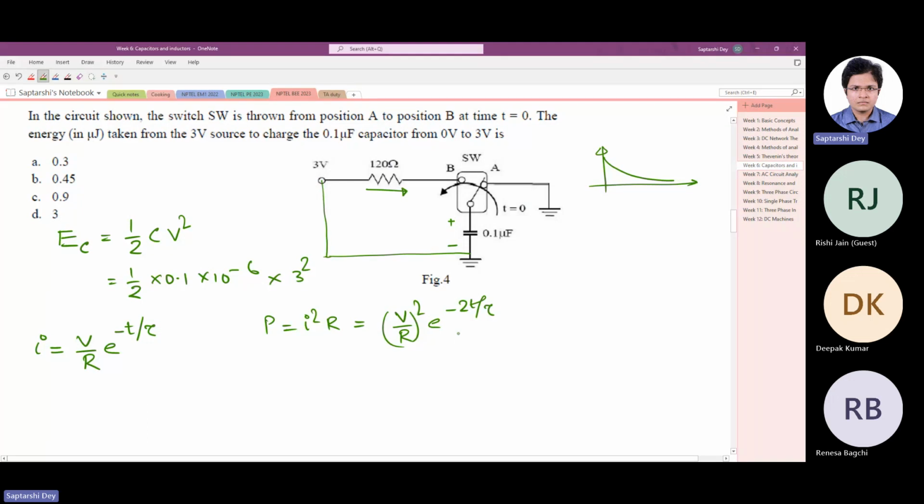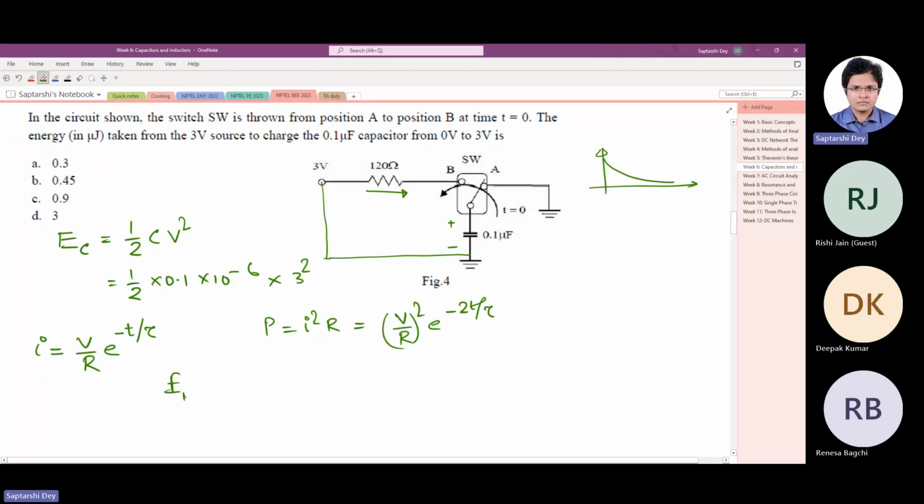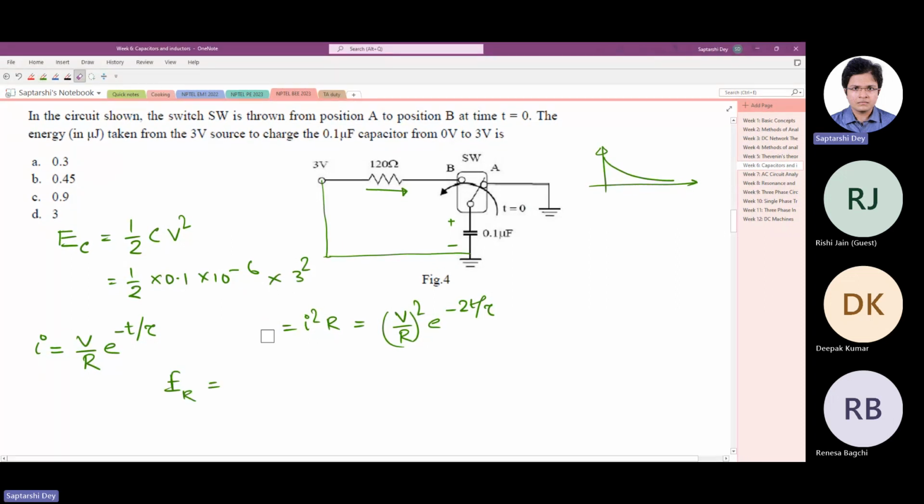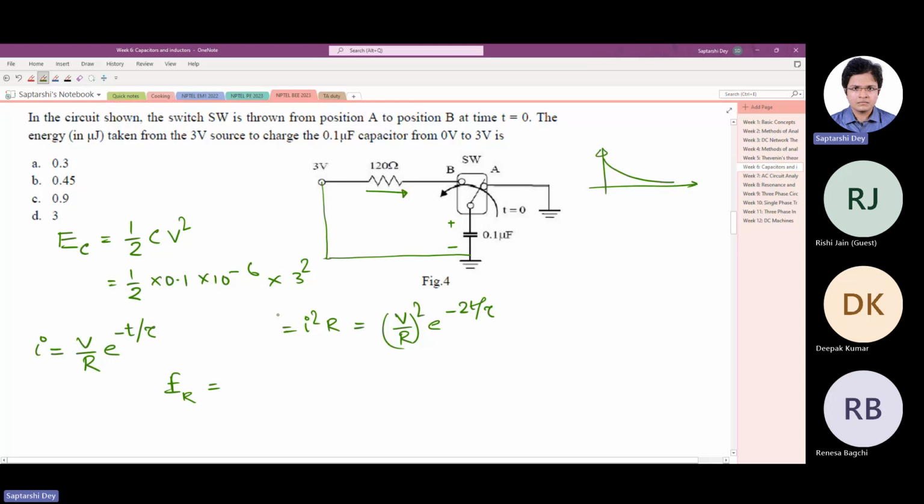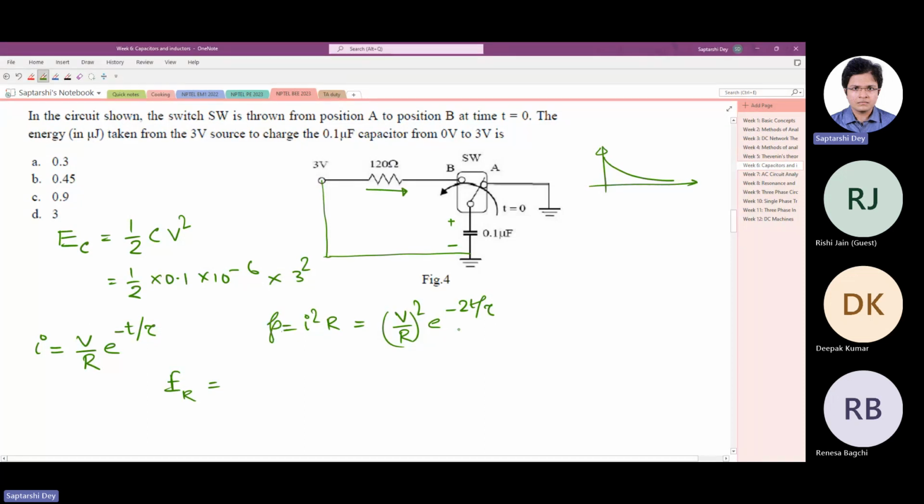This much power is lost. Now we have to find out the energy. So energy in resistance, let us say E_R. Let me write it as small p because it is instantaneous power. Can you appreciate that this power expression that I have written here is instantaneous power? Because you see it is a function of time. That's why I am writing it with a lowercase p.